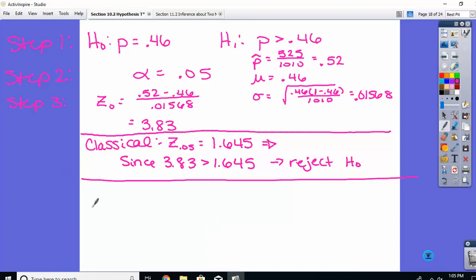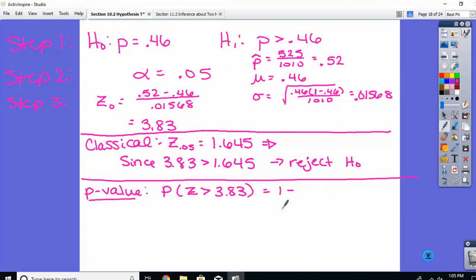Now, my preference, I like the p-value approach. If we're looking at the p-value, we are going to find the probability of our Z, just like we used to do. Everybody with me? So I want the probability that my Z, our null was being greater, so I want the probability Z is greater than 3.83. So greater than is 1 minus.